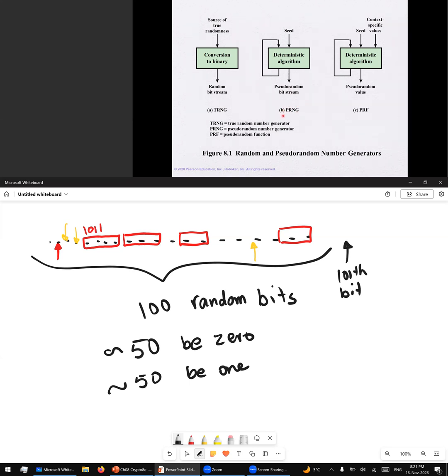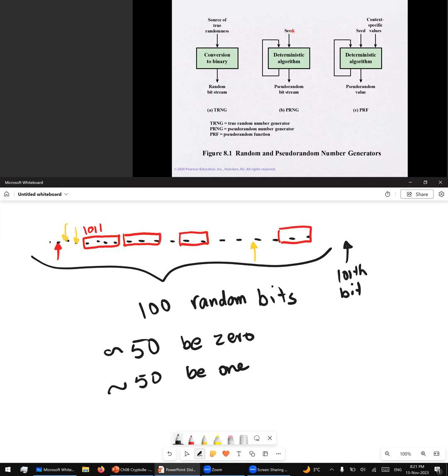For a pseudo-random number generator, we basically have a deterministic algorithm, and we feed a seed into it. This seed is something random, and I recall talking about this in the previous lectures, where if this seed is shared between the sender and the receiver, they can both determine that sequence of random bits.